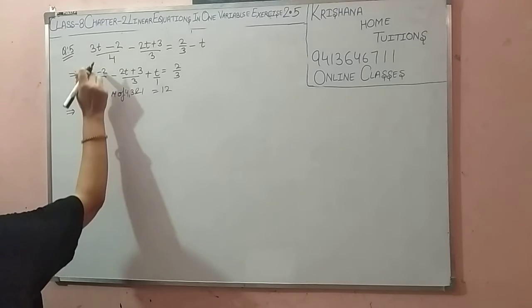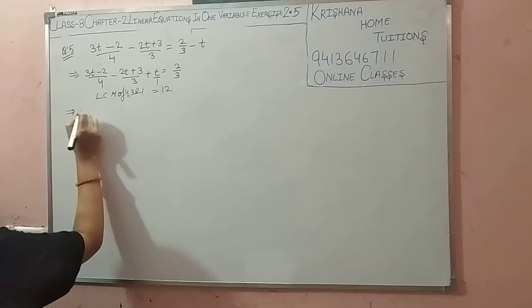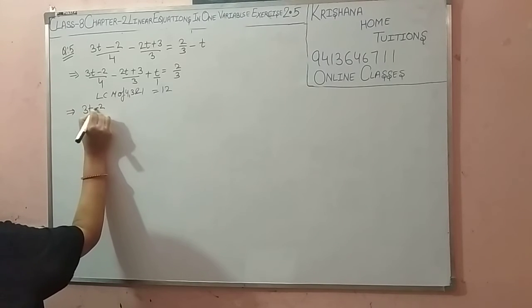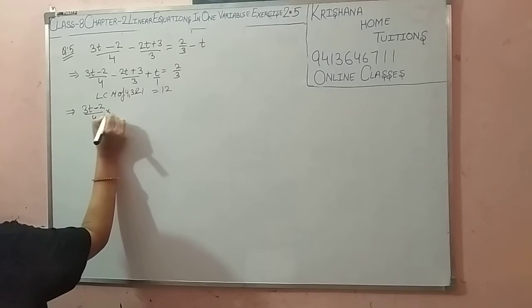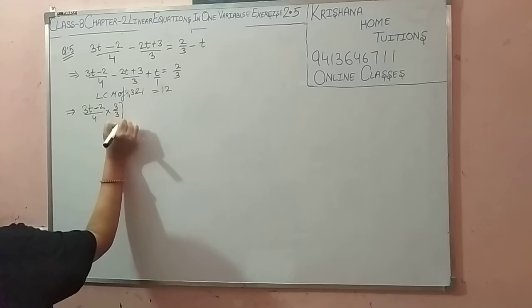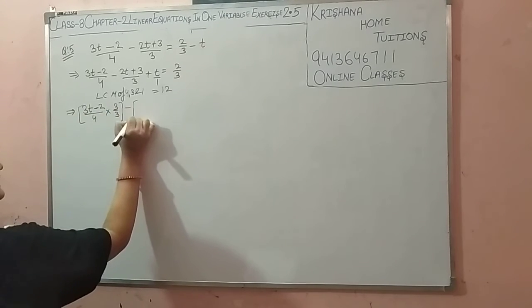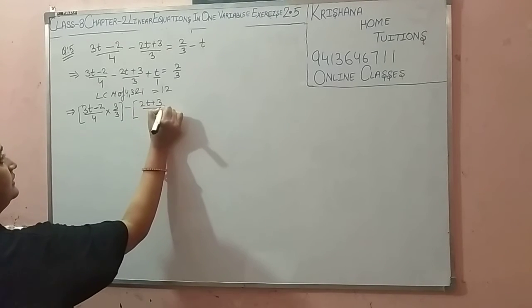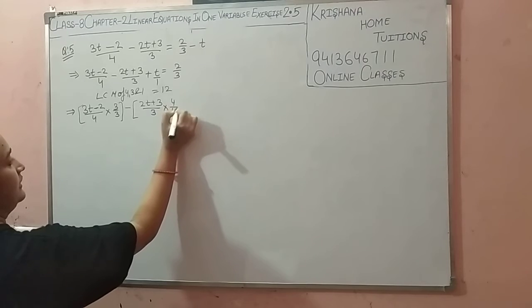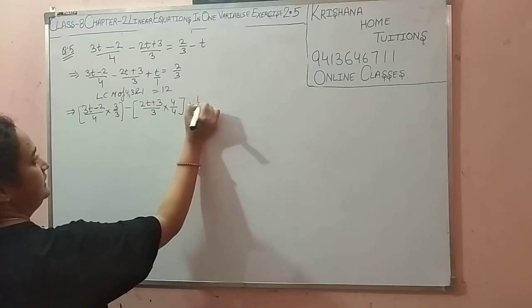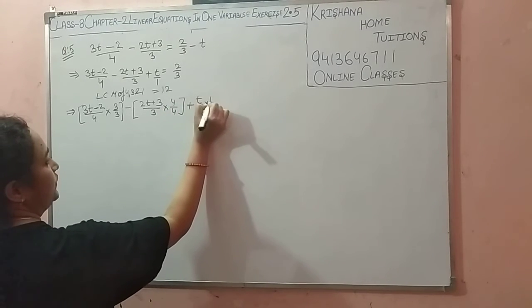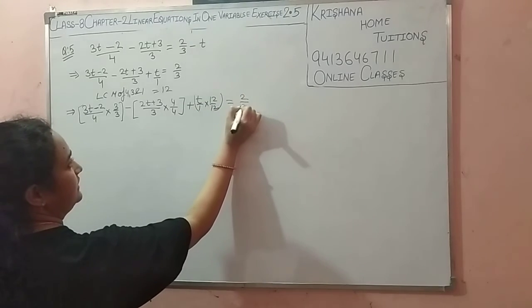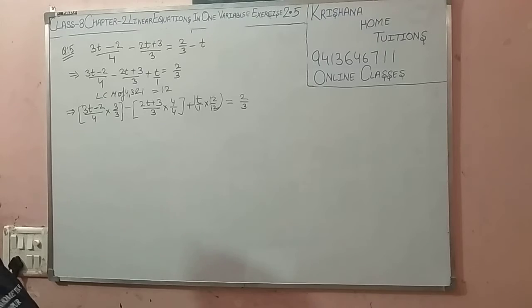So the first term will multiply with 3. The second term will multiply with 4. And the third term will multiply with 12 only. And the term after equals is as it is.